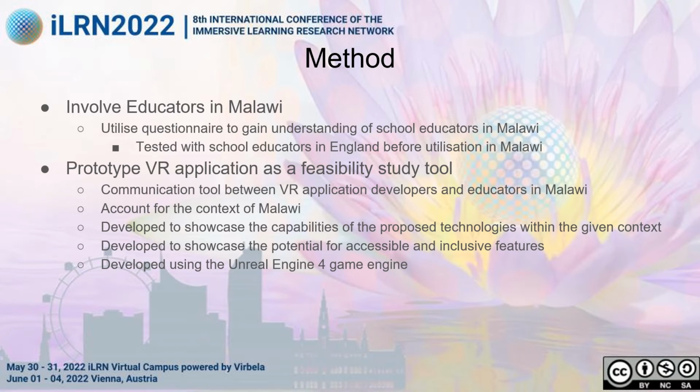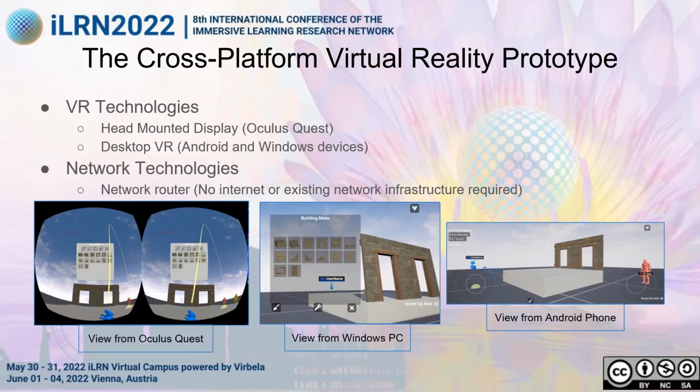And our paper discusses a VR application prototype that was developed using the Unreal Engine 4 game engine, and the prototype illustrates the capabilities of the proposed technologies within the context of Malawi. Now, the functionality of the VR prototype is fairly basic, in which users can synchronously interact with the 3D environment by contributing to the construction of a house-like structure as shown in the three diagrams.